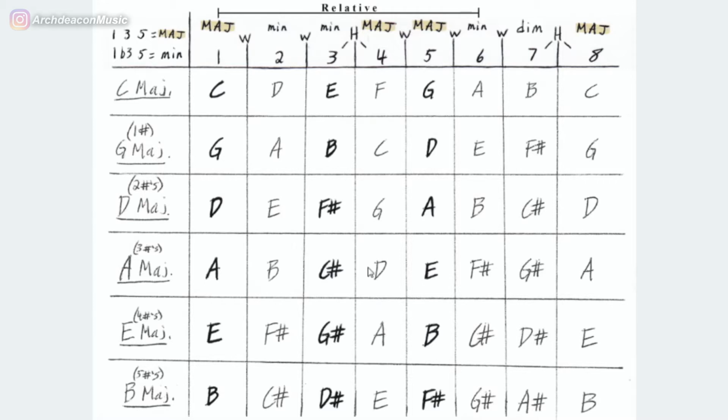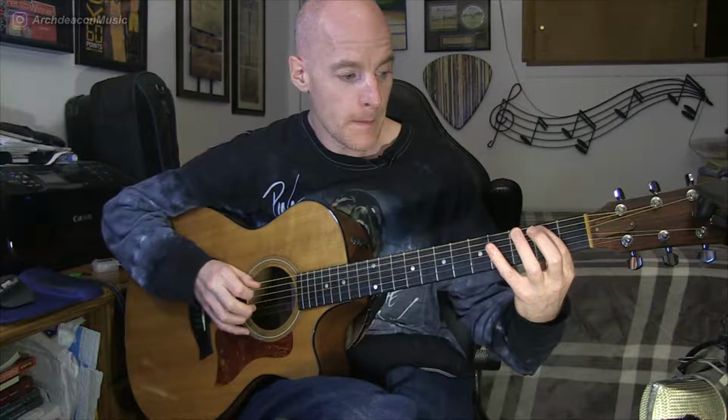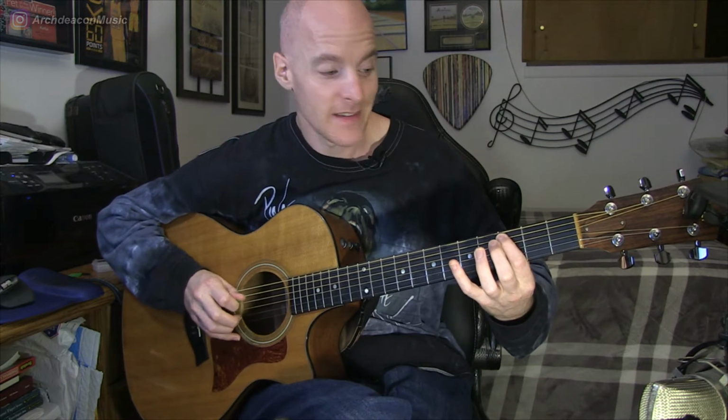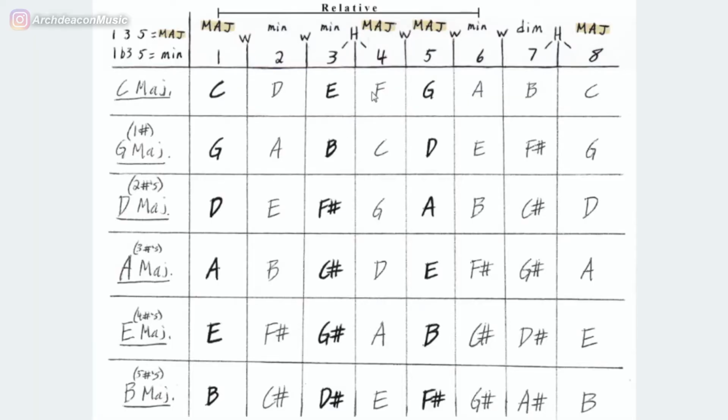C sharp to D. That's 1 fret. How about a B to C? B to C. How about an E to F? E to F. There's always a half step between 3 and 4 and 7 and 8. And a whole step between 1 and 2, 2 and 3, 4 and 5, 5 and 6, 6 and 7.